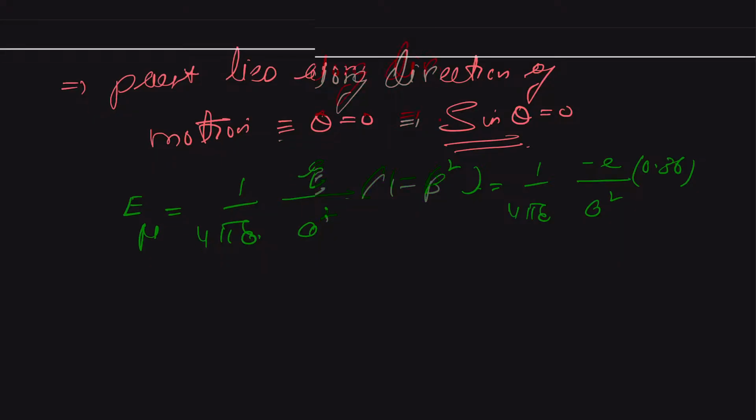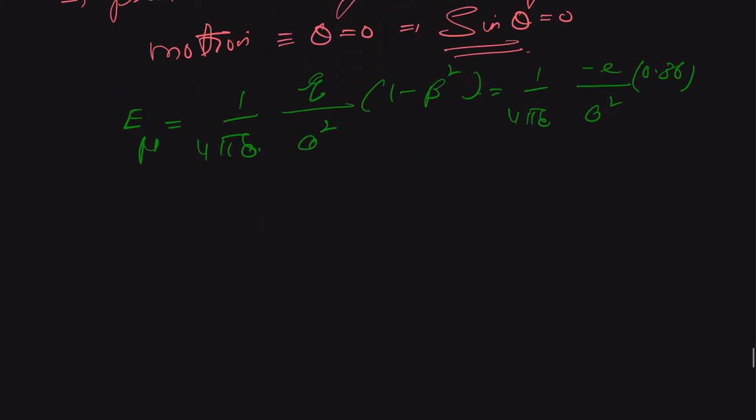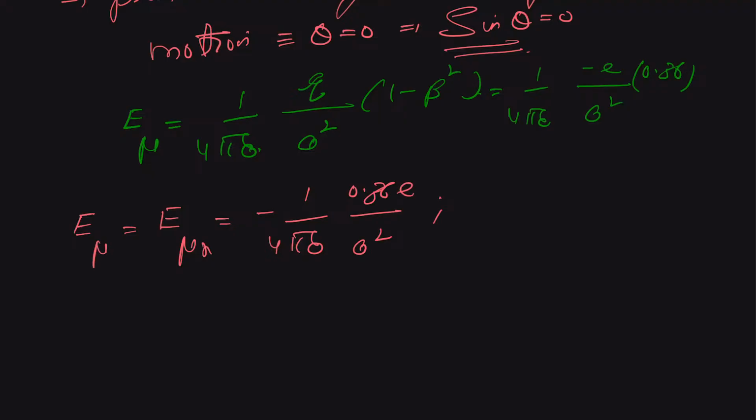Our electric field is purely in the x direction, so E of mu is nothing but E of mu x, which will be equal to minus 1 upon 4 pi epsilon naught times 0.36 times e upon a square. And the electric field of the muon in the z direction will be equal to 0.